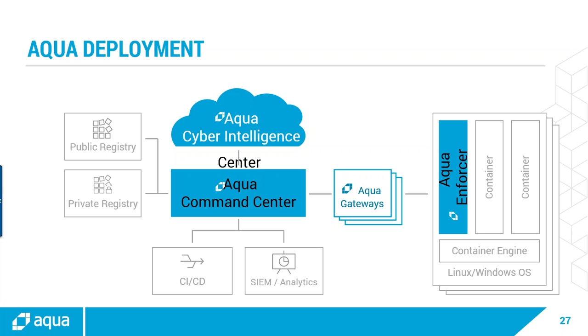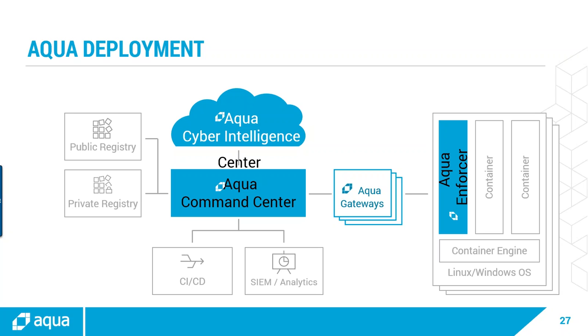It also integrates with CI/CD tools and analytics or security event management tools. It also connects to our Aqua Cyber Intelligence service, which updates things like vulnerabilities, and also a very long list of behaviors and bad reputation IPs that we filter.